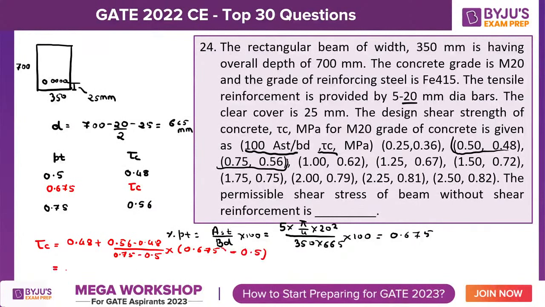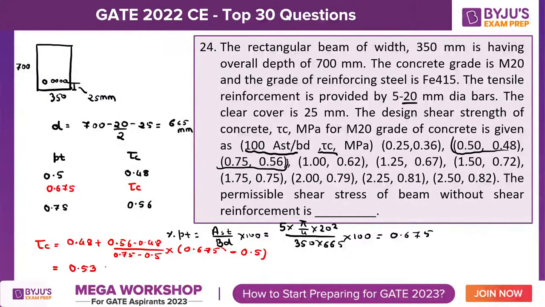Just solve it and let me know the answer. 0.675 minus 0.5, then multiply this value. I'm getting a value of 0.536.